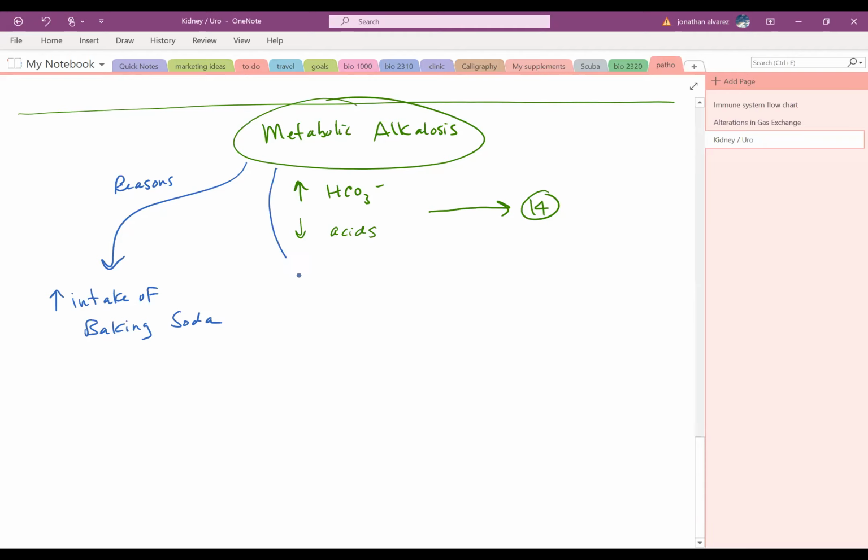Another reason is a decrease in stomach acid because of emesis, which is vomiting, or we should say too much vomiting.